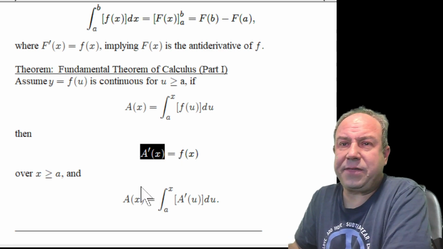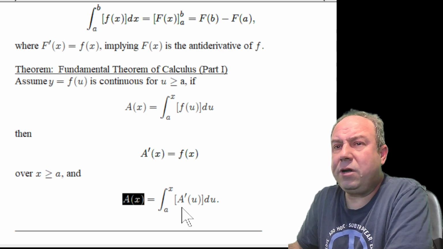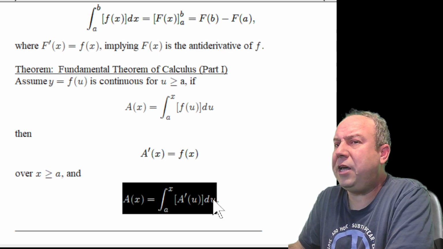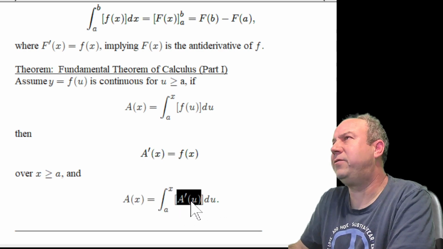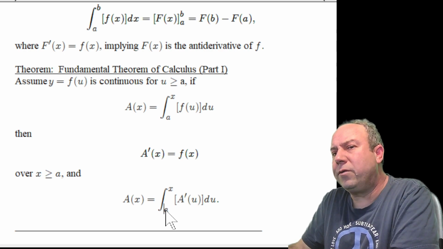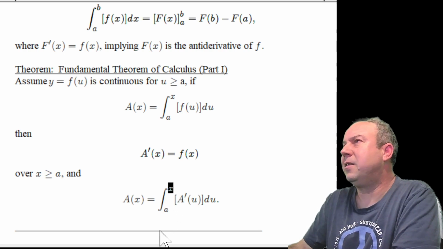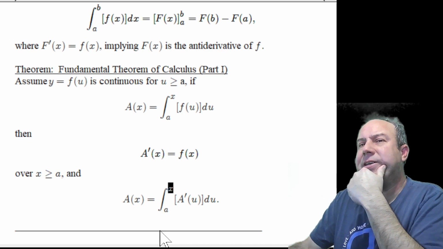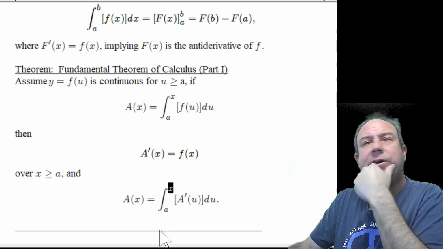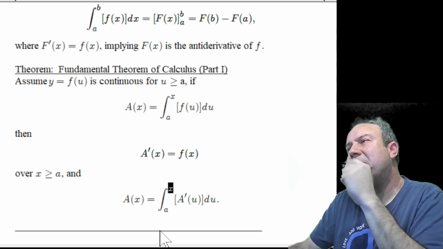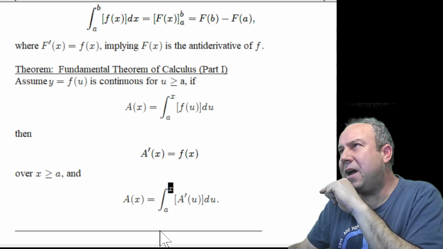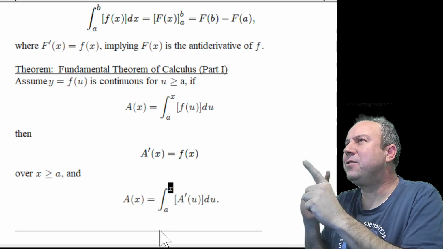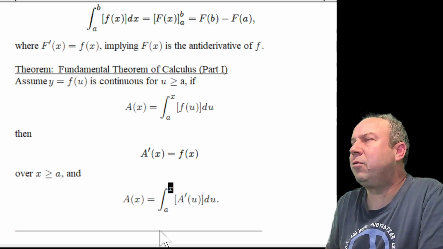And when we think about the area function, it really is just an accumulation of its rates of change over the interval from a to the value of some arbitrary x. Right? Antiderivatives and derivatives are related through integration.